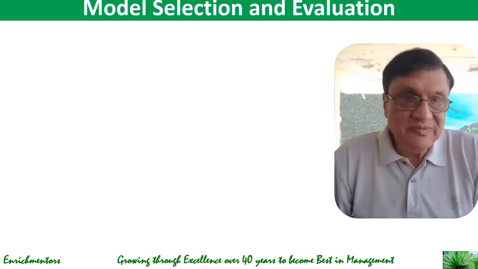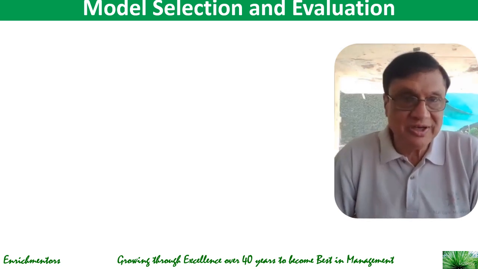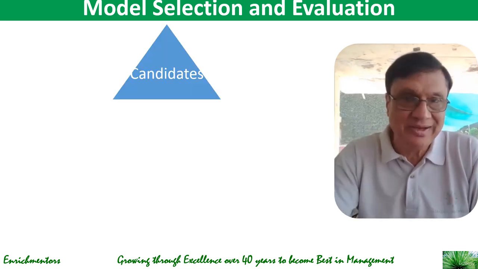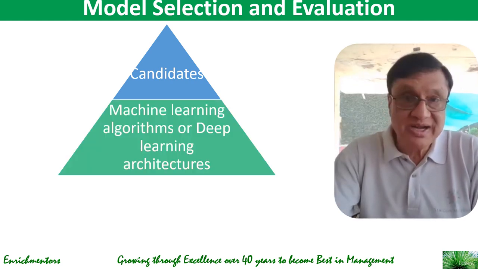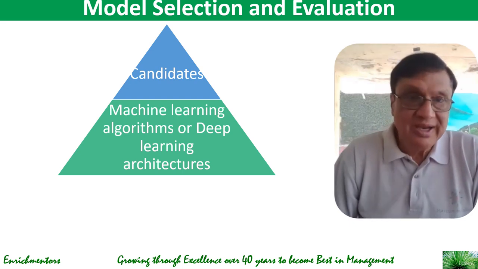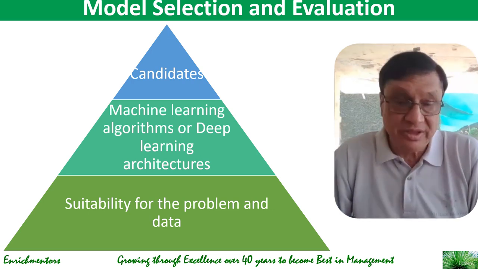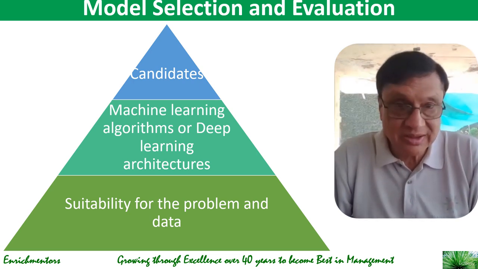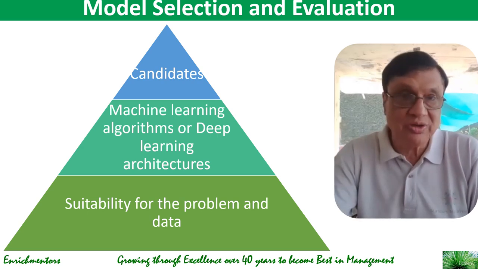Based on this strength and weakness analysis of all the different algorithms that you have researched and picked up, you then select candidates, those potential machine learning algorithms or deep learning algorithms that you think can help you build the right model, and you do that based on their suitability for the problem and the data. So problem and the data are the critical anchors, pillars on which you build, figure out and evaluate the various candidate machine learning algorithms.